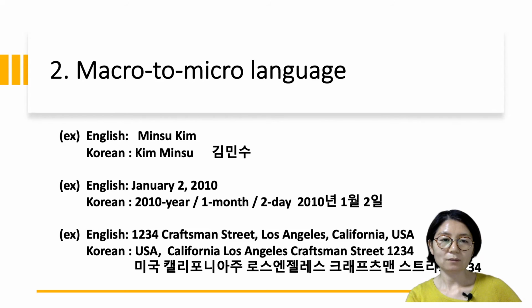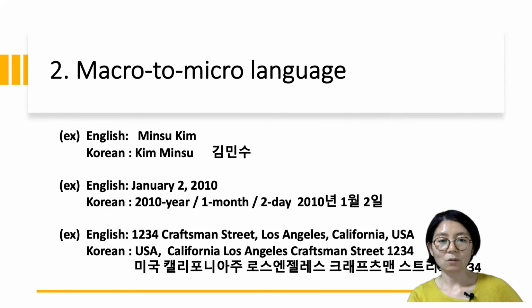It is also the same in reading the date. In English, we say January 2nd, 2010, right? And in Korean, we will read the year first, 2010년, and then the month, 1월, and then the last, the day, 2일, like this.